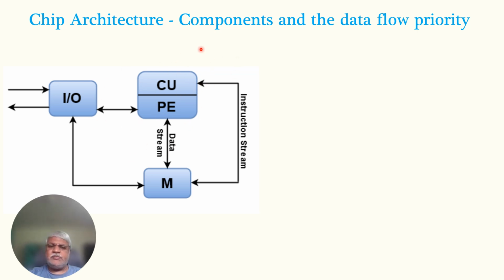In the chip architecture, the chip architect will understand what functions need to be implemented, what resources he has, what the design constraints and technology constraints are, and based on that he will pick and create top level, abstract level models.